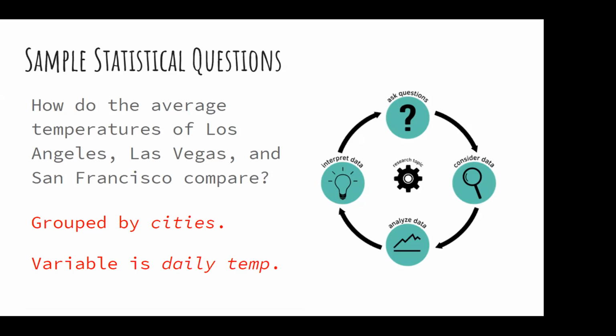So yes, for those of you that said we're grouping by cities and looking at the temperatures, you want to come up with a statistical question that allows you to be a little bit specific like this.